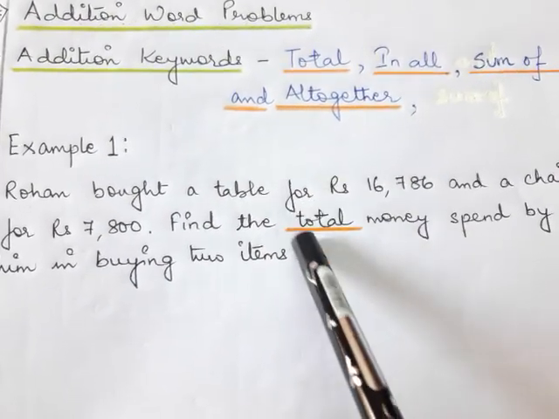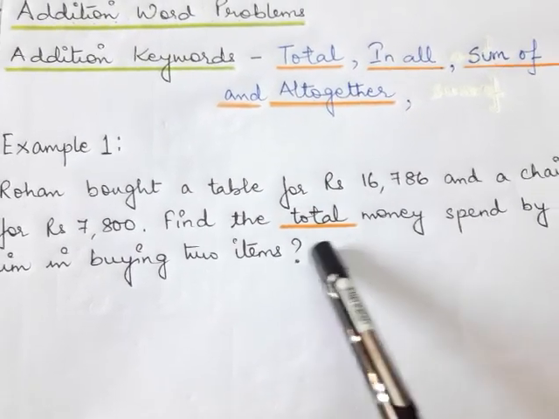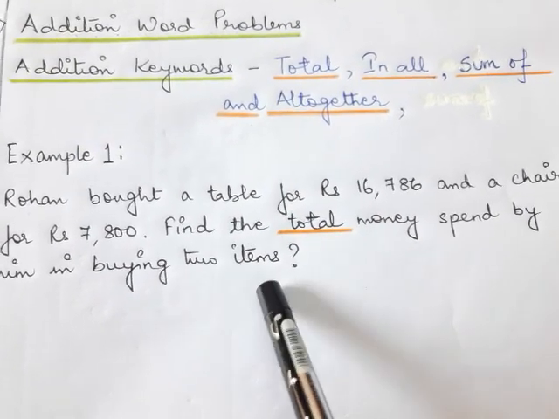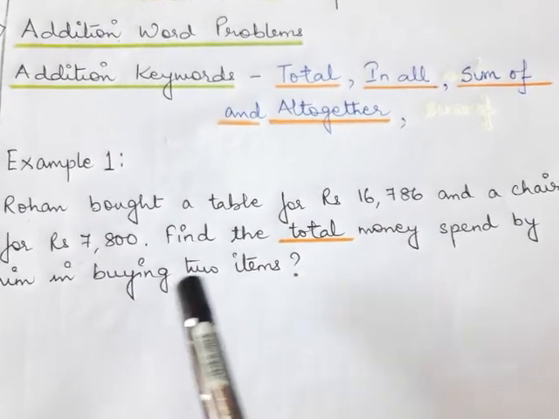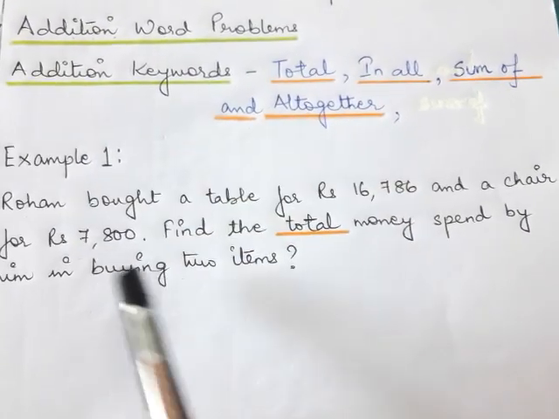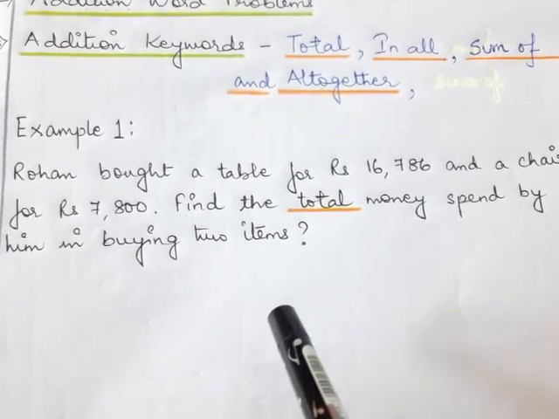So here you have the keyword that is total. Okay, so from the word total you can understand that you have to add. So this is the word problem where the question is asking you to add. Understood? So let's go and solve the sums.